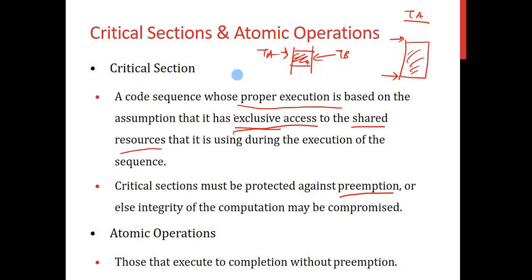So that is what we call a critical section. Atomic operations are basically operations that can execute to completion without preemption. When I say that a particular operation is atomic, that means once this operation is started, I will ensure that it will still complete even if there is preemption.